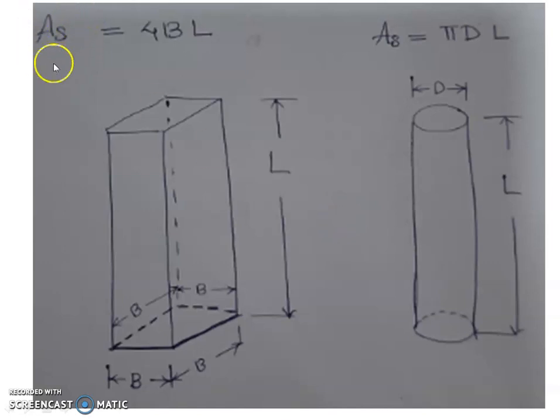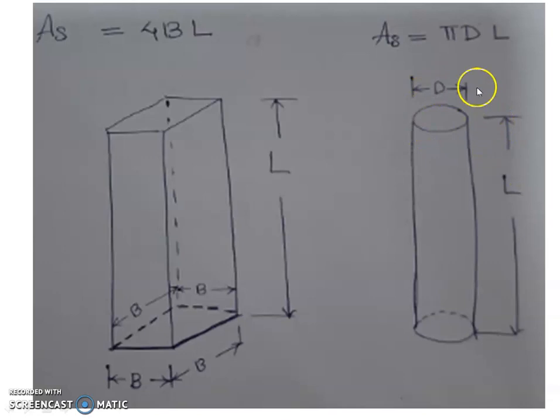As is the skin friction resistance area, so it can be found out using 4 into B into L, where B is the width of the pile, so B plus B plus B plus B will give us the value as 4B into the total length of the pile, which is L. So 4BL will give us the area which takes part in skin friction resistance.